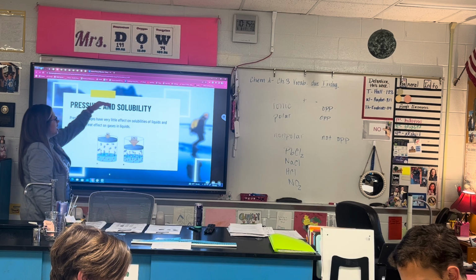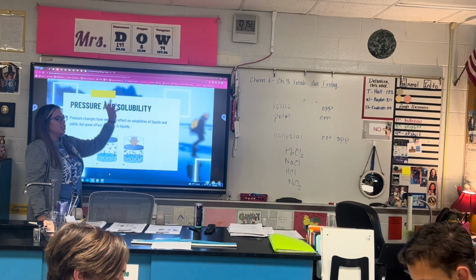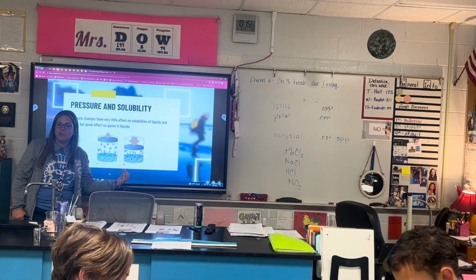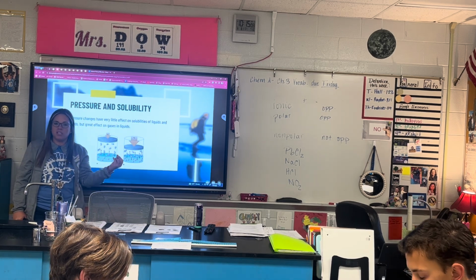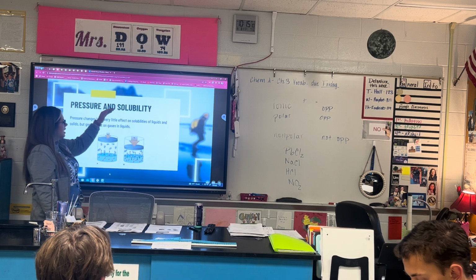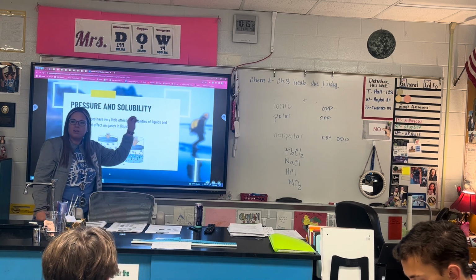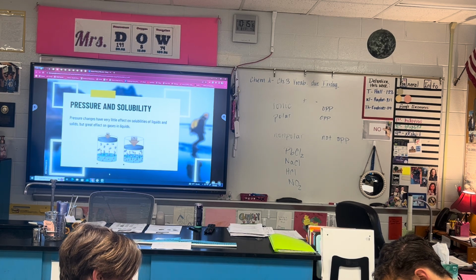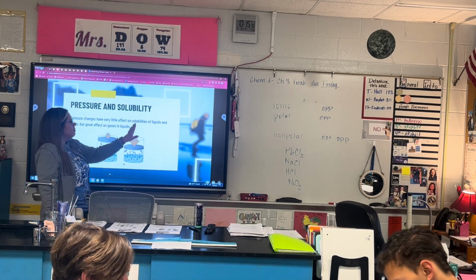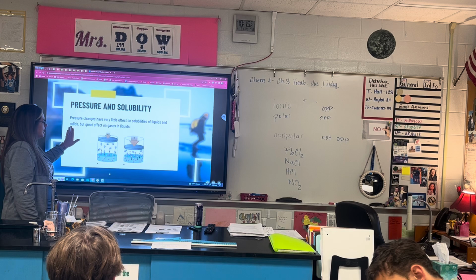How would a change in pressure affect our dissolvedness? Solubility. I'm trying to use a different word besides solubility so you know what I'm talking about. How would pressure affect how much is dissolved? Pressure changes have very little effect on solubilities of liquids and solids.